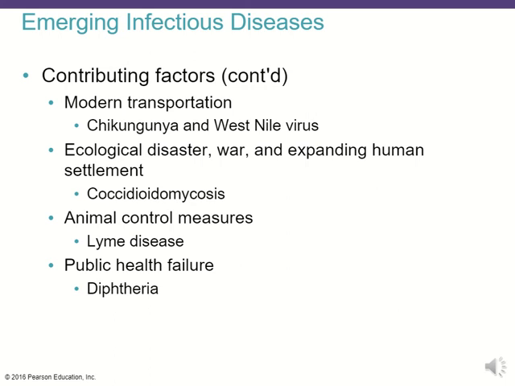There are ecological disasters, tornadoes, tsunamis, and things like war or the expanding human settlement that can cause diseases to occur or become available to humans.